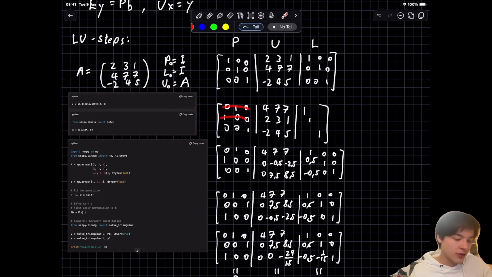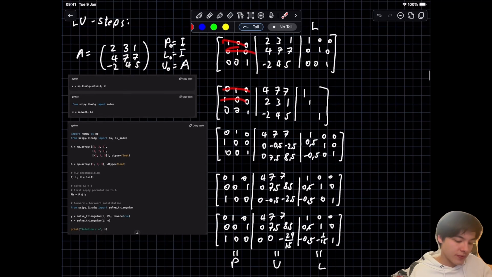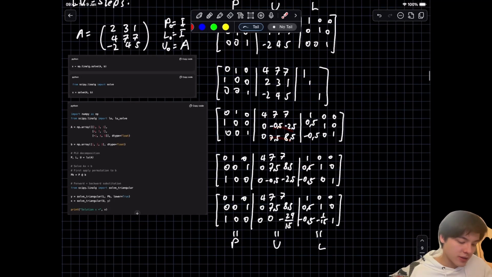Then we can do our operation, and here we record what we do. We subtract 0.5 of it, and here minus 0.5 as well. So we add 2 to it. You get the gist.